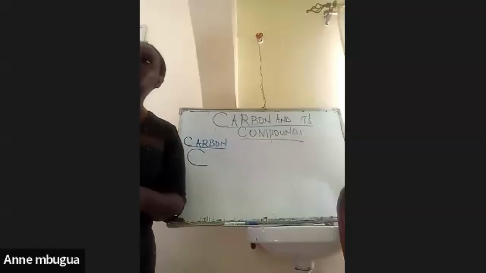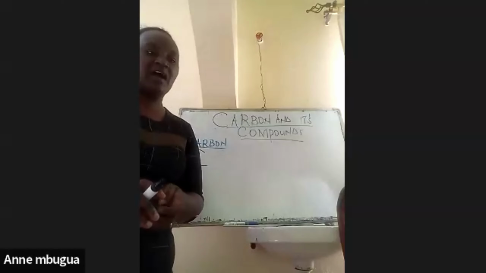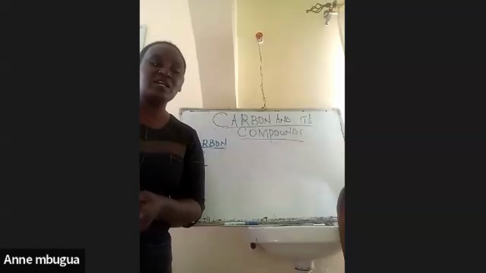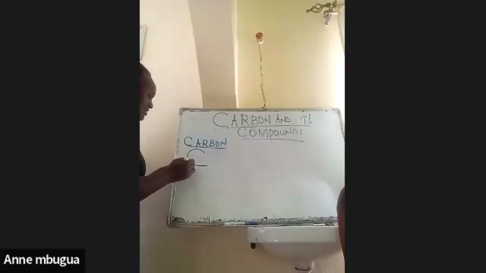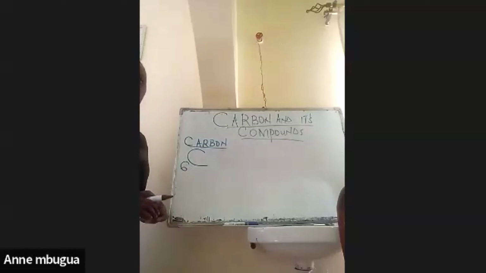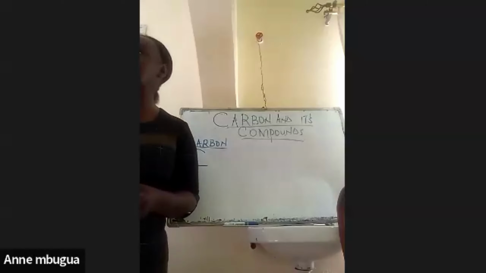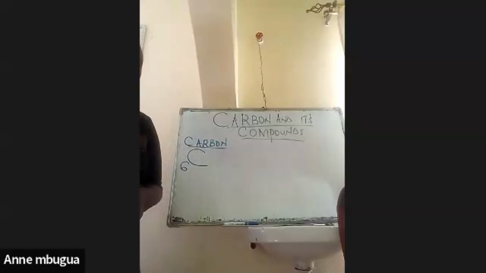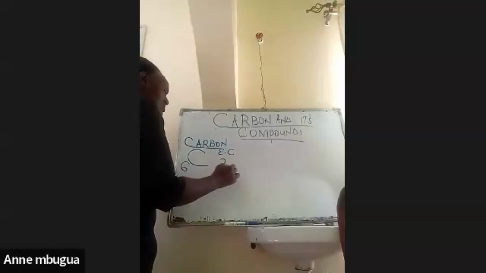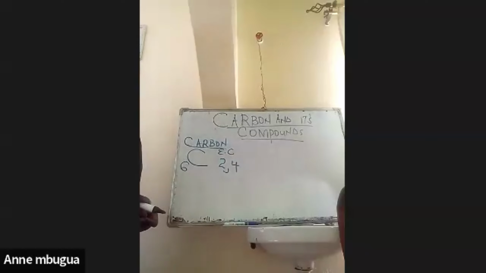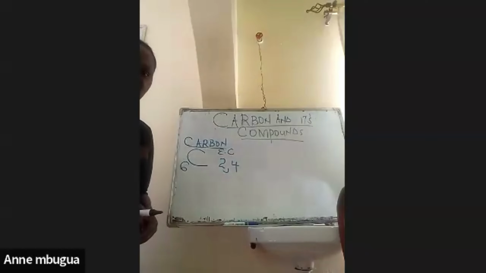In Form 2, under the topic of the structure of the atom and periodic table, we also learned that carbon is an element whose atomic number is 6. This means that its electron configuration is 2,4.